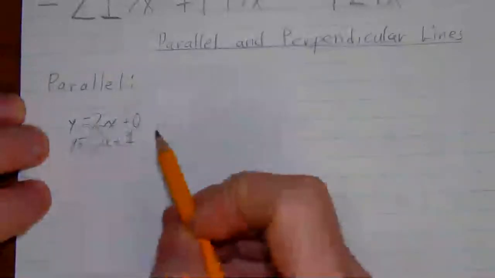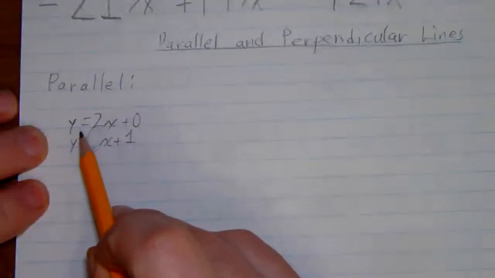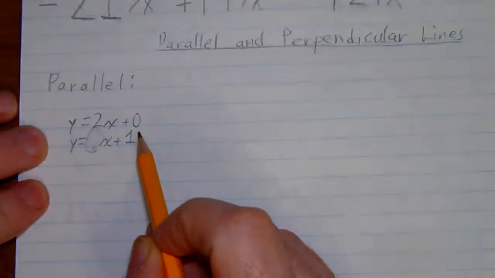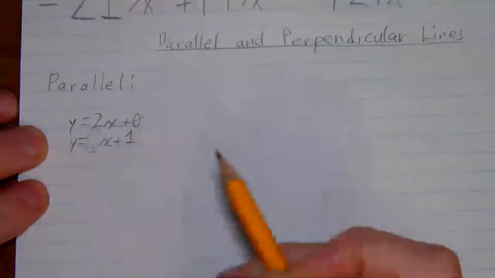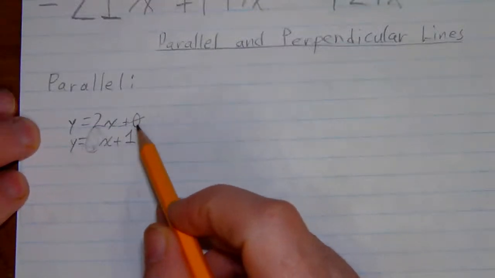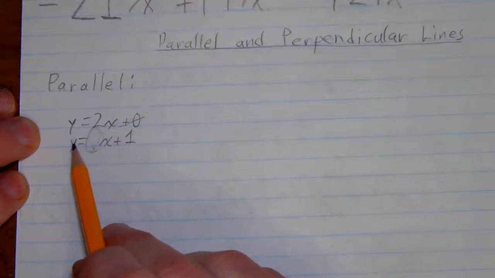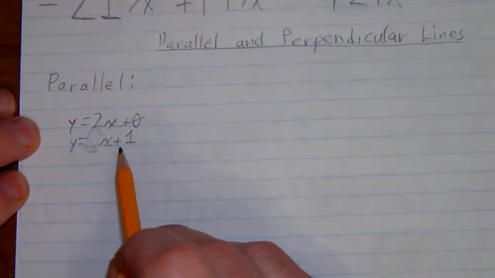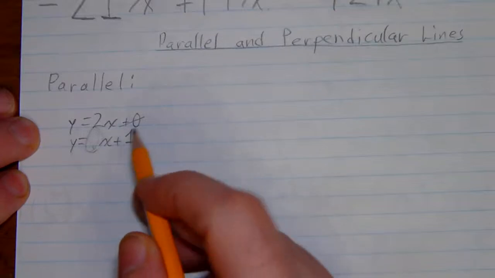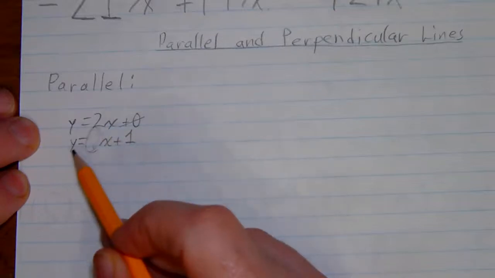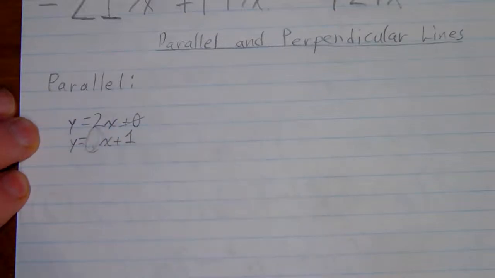And I'd like you to change them. Make the first line y equals 2x plus 0. You don't need to put the plus 0 because it is automatically 0 if we don't put anything. And the second line, make it y equals x plus 1. So y equals 2x and y equals x plus 1.